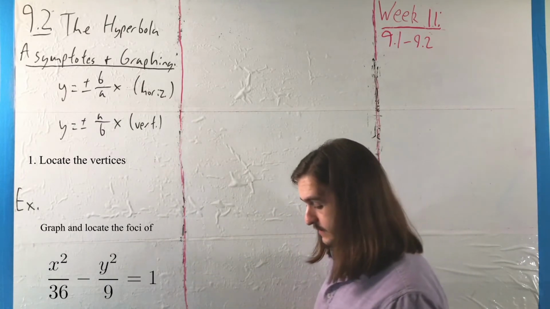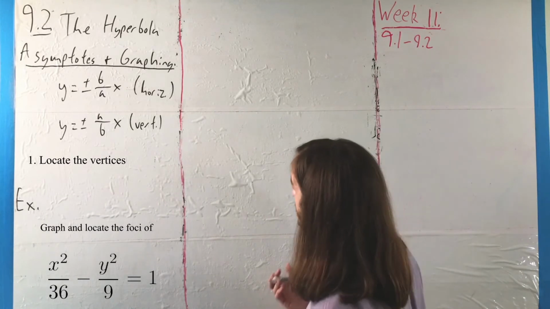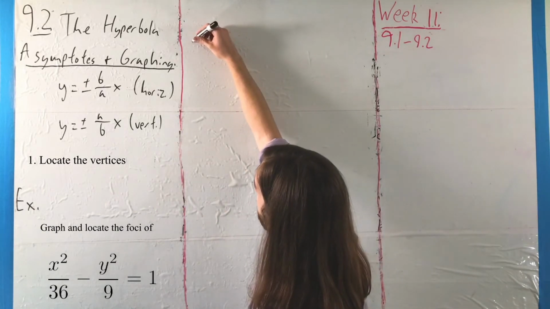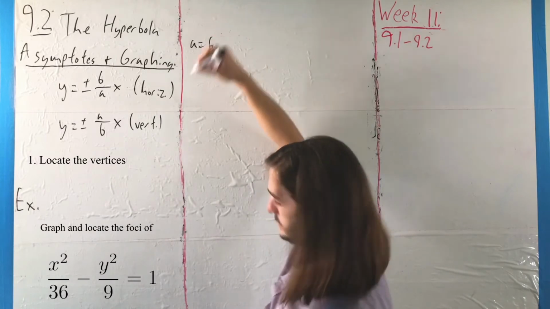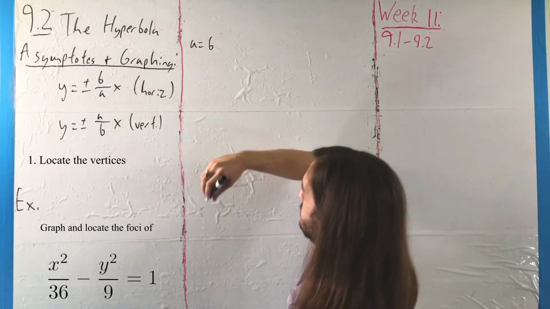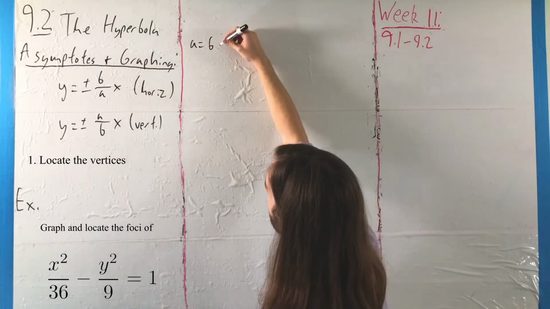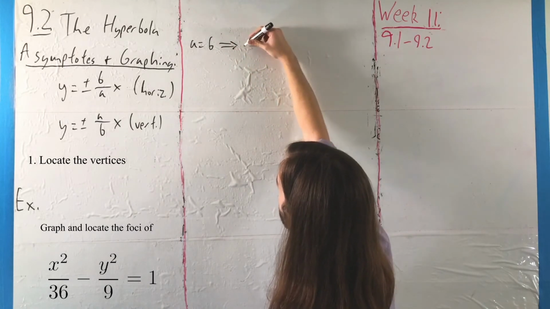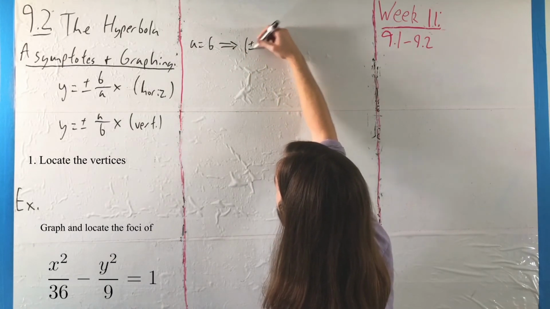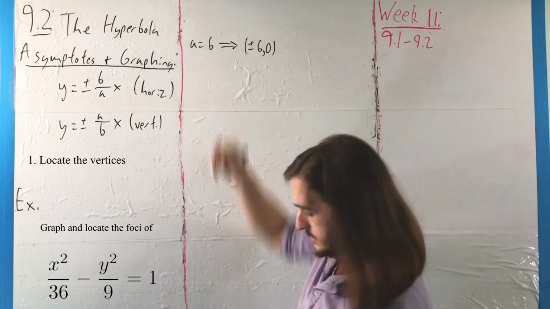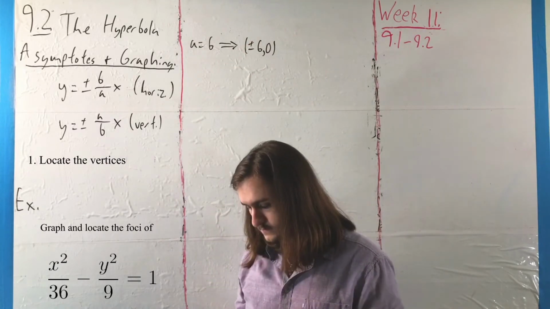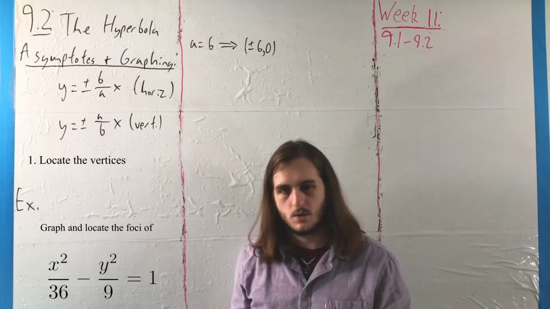So, at the very least here, without thinking too hard about that, we have that a is equal to 6. And if we want to find our vertices, since we are working from the center, those will be at plus or minus 6, 0. Okay, it's not so bad, not so hard to find the vertices.